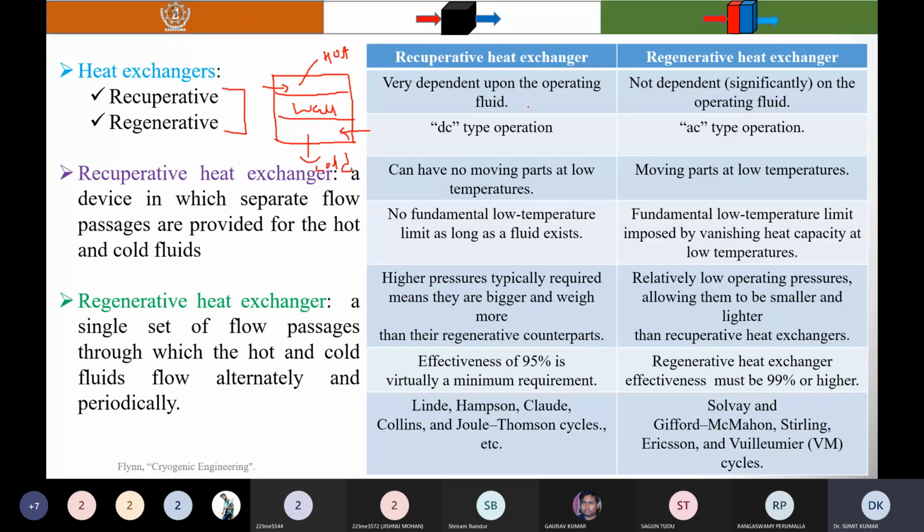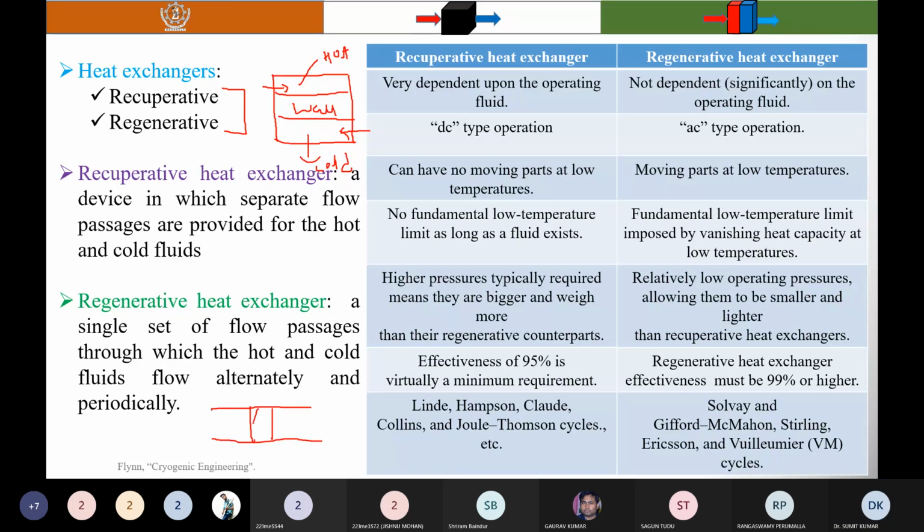And what is the regenerative heat exchanger? A regenerative heat exchanger is a single set of flow passages through which the hot and cold fluids flow alternately and periodically. Suppose there is a porous media.